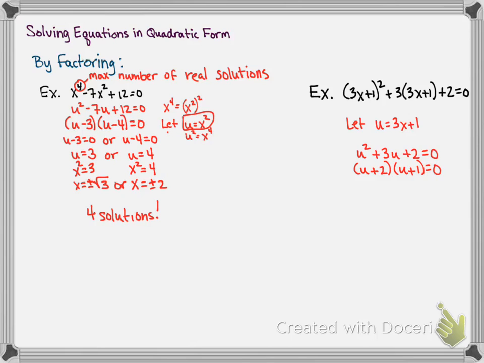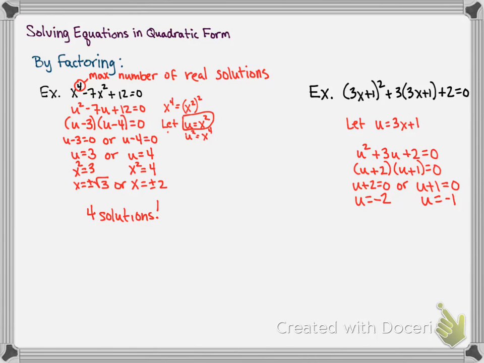This factors, u plus 2 times u plus 1 equals 0. Zero product property, so u plus 2 equals 0, or u plus 1 equals 0. U equals negative 2, or u equals negative 1. But remember, we're not done. You need to substitute back in.